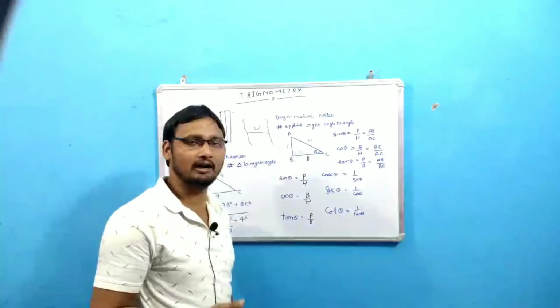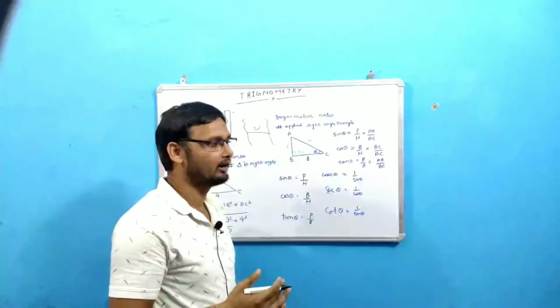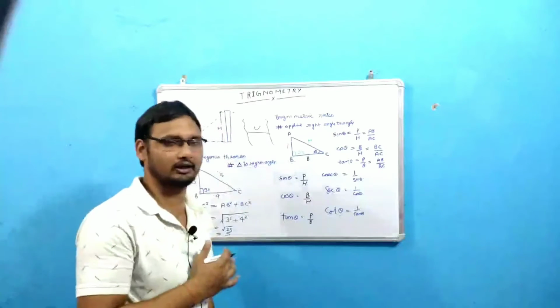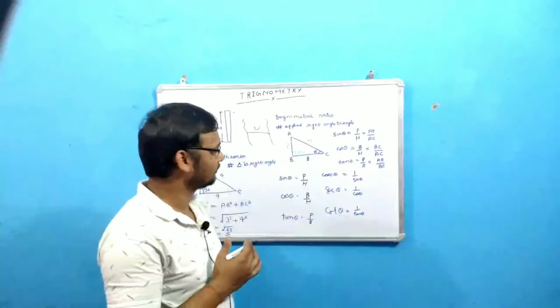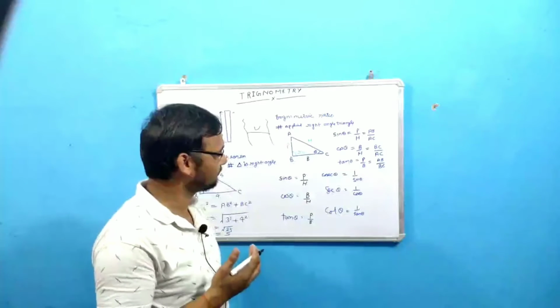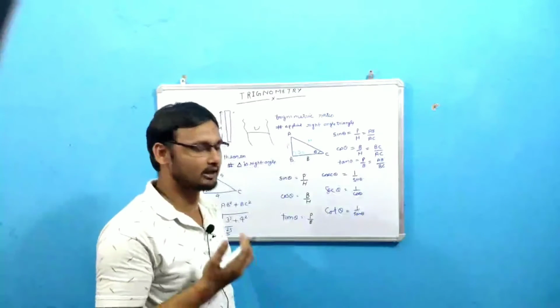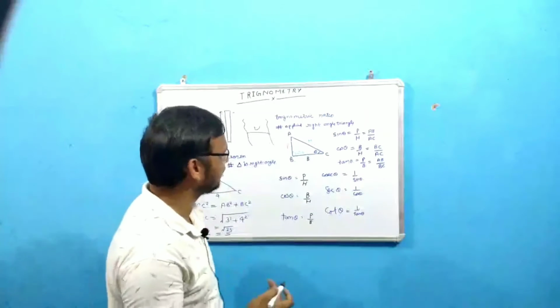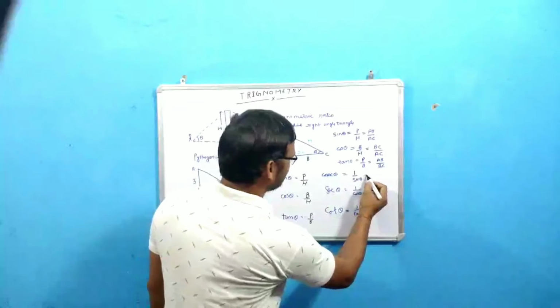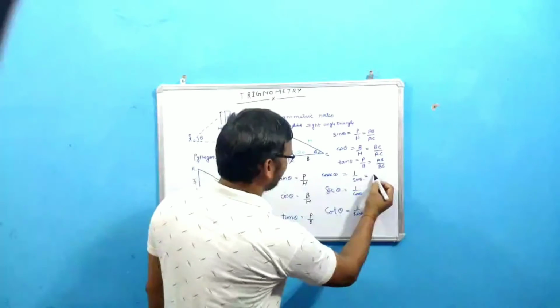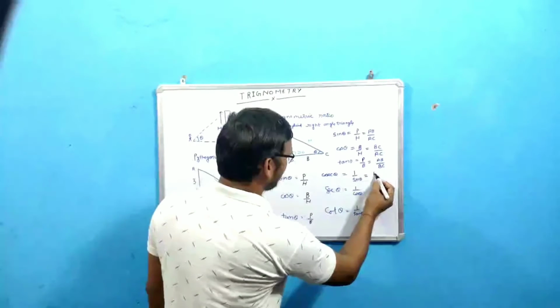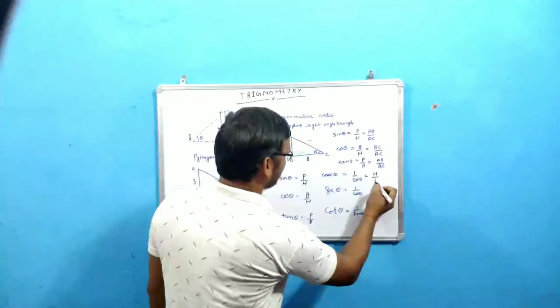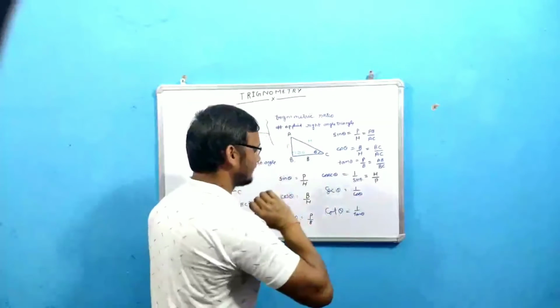Cosec theta is the reciprocal of sin theta. When sin theta is equal to perpendicular upon hypotenuse, cosec theta is hypotenuse upon perpendicular, because it is the reciprocal of sin theta.